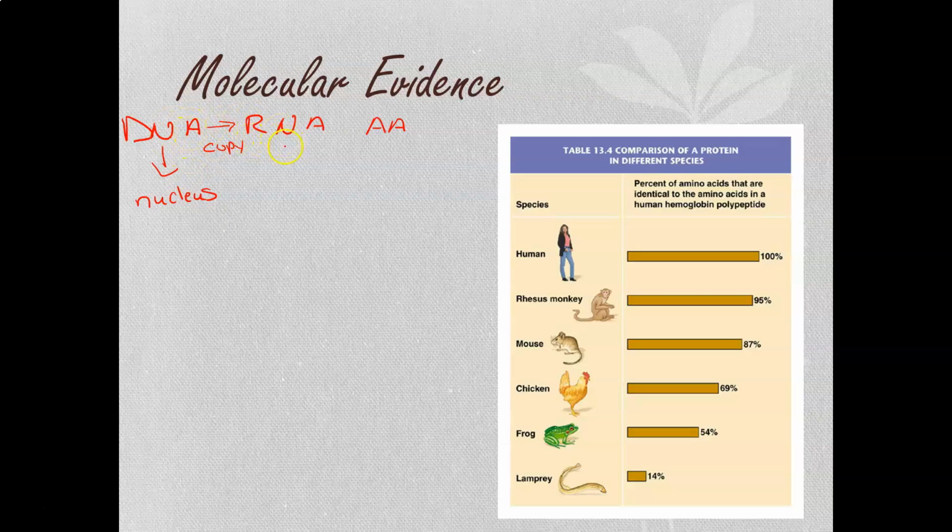That RNA can then leave the nucleus and go out into your cytoplasm, which is everything outside your nucleus. It's where your mitochondria are, your Golgi are, your ribosomes, and so on and so forth. And those RNA molecules will then go specifically to your ribosomes. And your ribosomes are your protein factories.